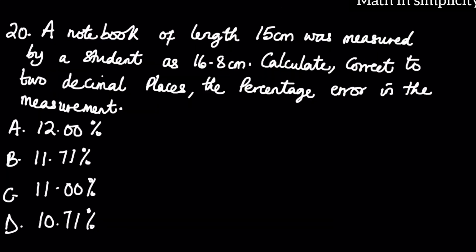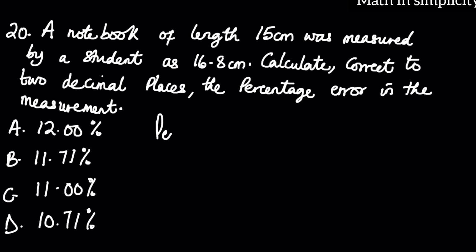So that's okay. For question number 20, we have that a notebook of length 15 cm was measured by a student as 16.8 cm. Calculate correct to 2 decimal places the percentage error in the measurements.